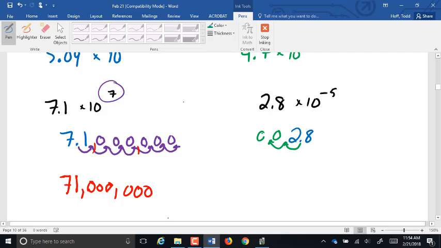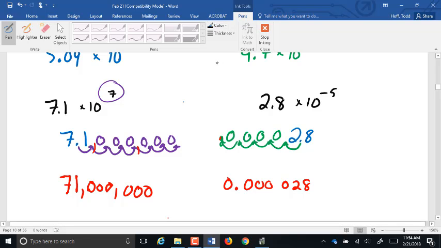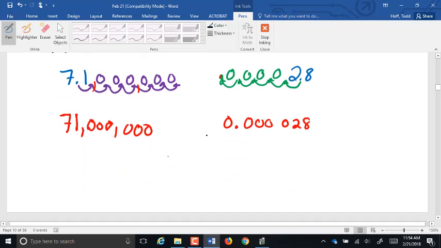That's 2, add another 0, 3, 4, and 5. So that's where my decimal point goes. So that is 0.000028, or 28 millionths.